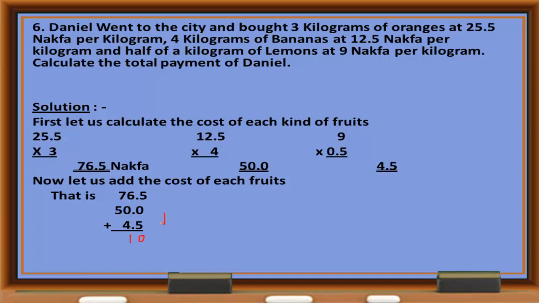We write 1 and here again 1. 7 plus 5 is 12 plus this one is 13. The decimal point is here. Therefore, total payment of Daniel for the fruits is 131. Therefore, Daniel is going to pay 131 nafa.